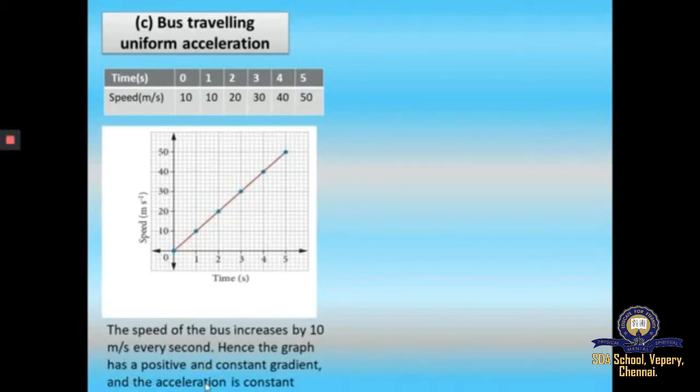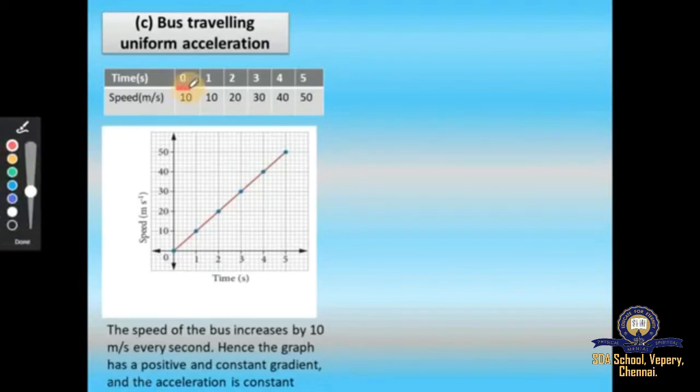Next is a bus traveling with uniform acceleration. The time and speed are given. At 0 seconds, the speed is 10 meters per second. In 1 second it is 10 meters per second, in 2 seconds it is 20, in 3 seconds it is 30, in 4 seconds it is 40, and at 5 seconds the speed is 50.